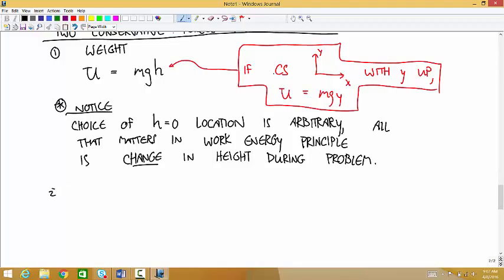Okay, the second type of conservative force that we're going to deal with is spring forces. And for springs, the potential energy is equal to 1/2 K times the change in the length of the spring squared.